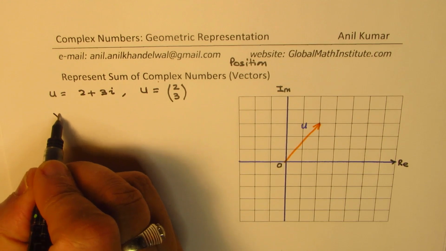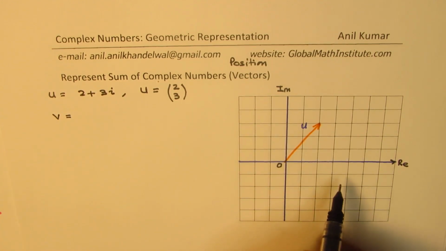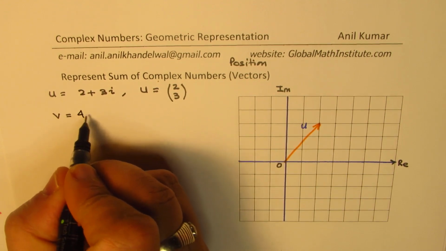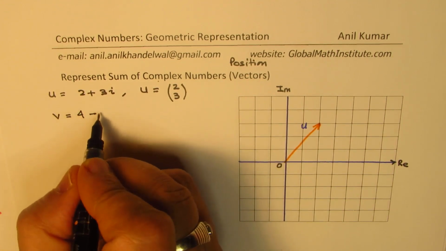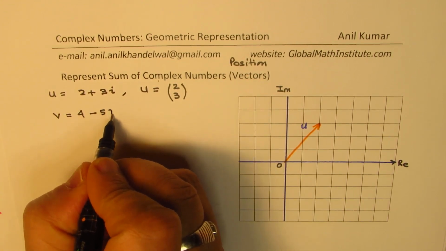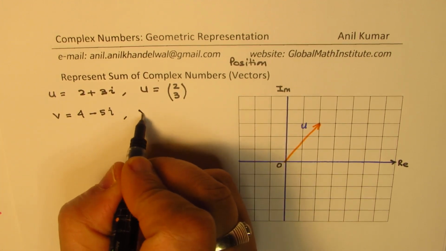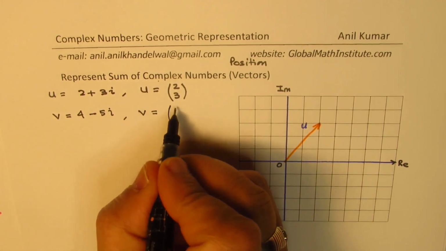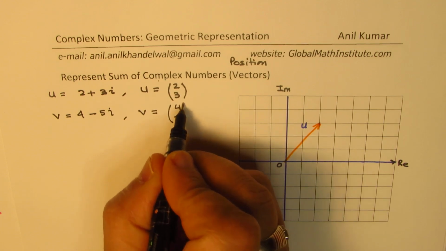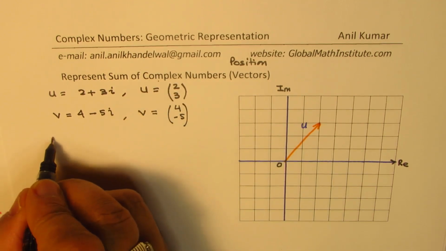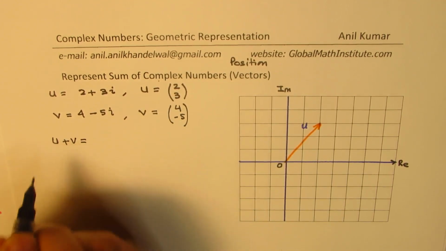Let's take another vector v, which can be, let us say, 4 minus 5, which we will write as 4, minus 5. And then we'll try to add these two vectors, u and v.